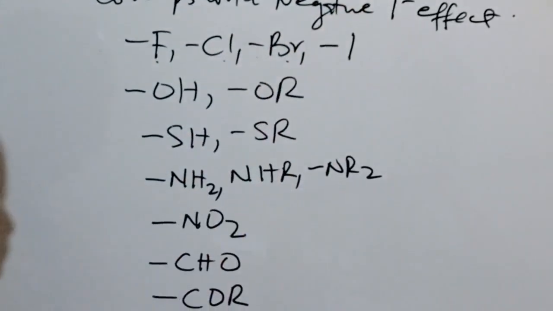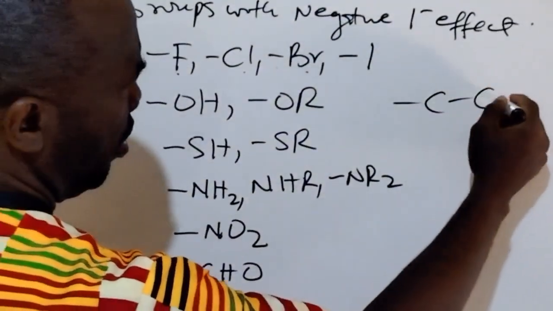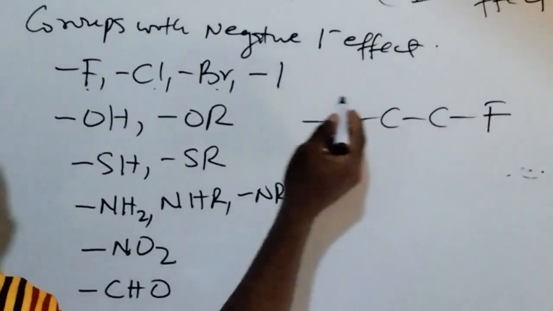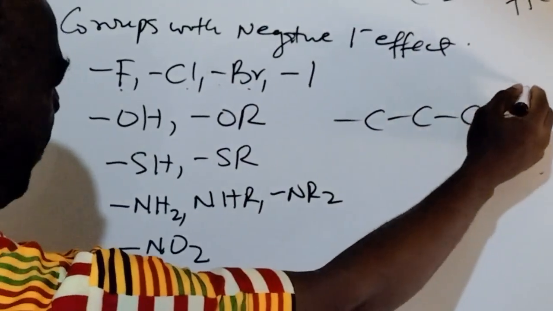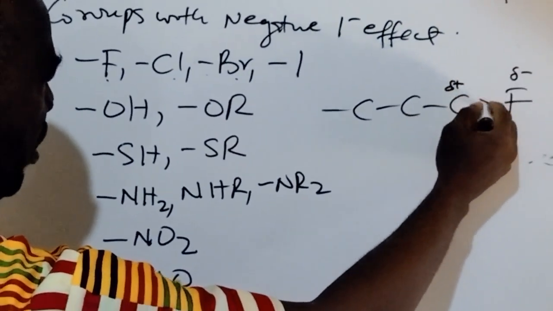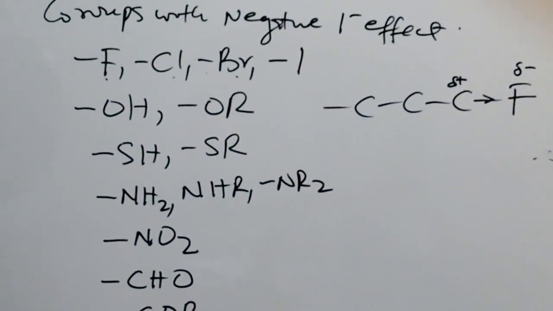They pull electrons away from carbon. So if I have chlorine or even fluorine here, it will acquire a partial negative charge, while the carbon will acquire a partial positive charge, because it has a negative inductive effect.